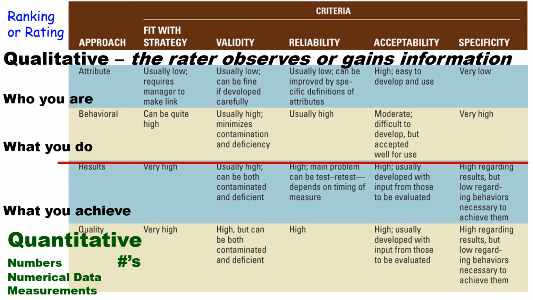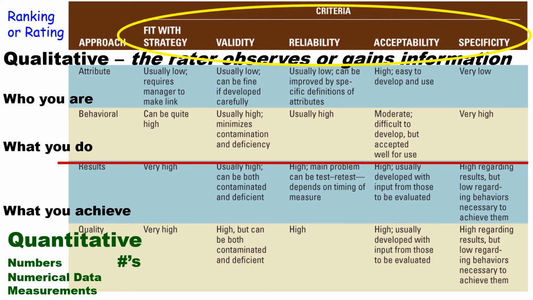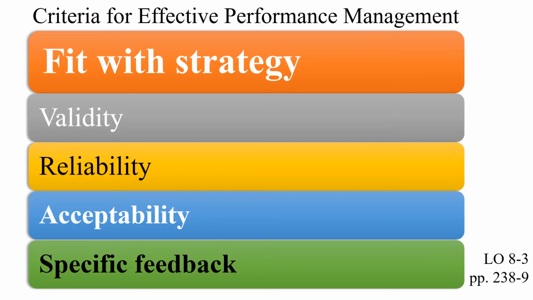The next part of the lecture deals with the criteria which you see across the top there. So each method needs to be evaluated by what it does or does not provide to the raters. I'll see you in the next part where we look at the criteria for effective performance management, as shown on the slide.